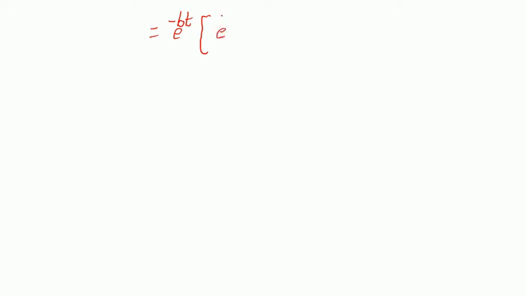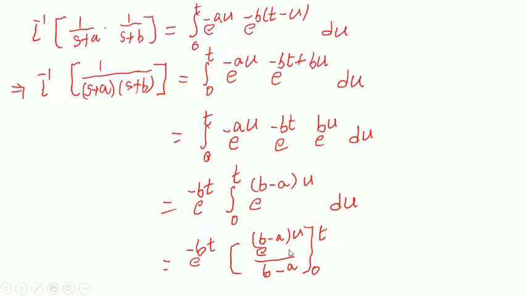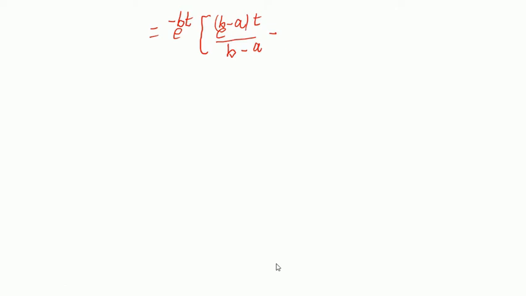E power b minus a into t by b minus a, minus, substitute the lower limit in the place of u. What is the lower limit here? 0. 0 you can substitute in the place of u. What happens? E power 0. E power 0 value is 1. So 1 by b minus a. So what will we get here? 1 by b minus a.